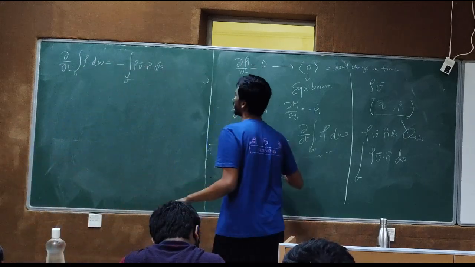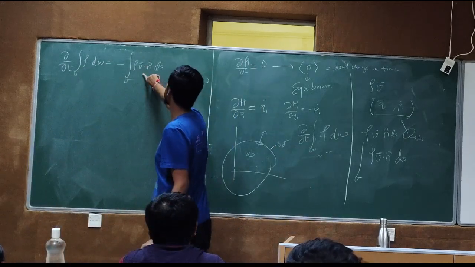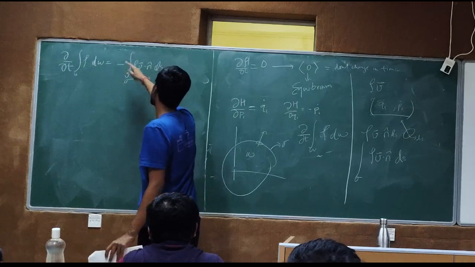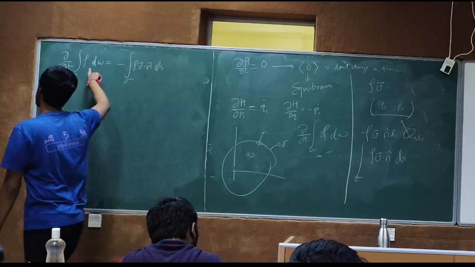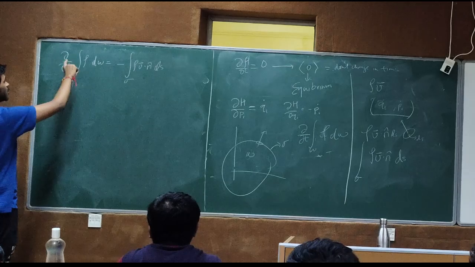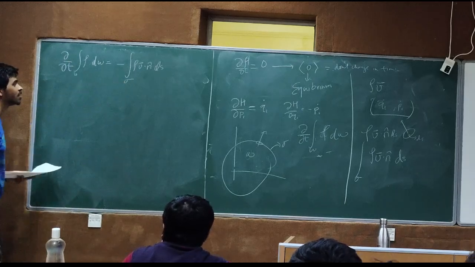This n is the outward normal vector, so this would represent the outward flux, and an outward flux would decrease the number of particles in the system. So there is a negative sign here.